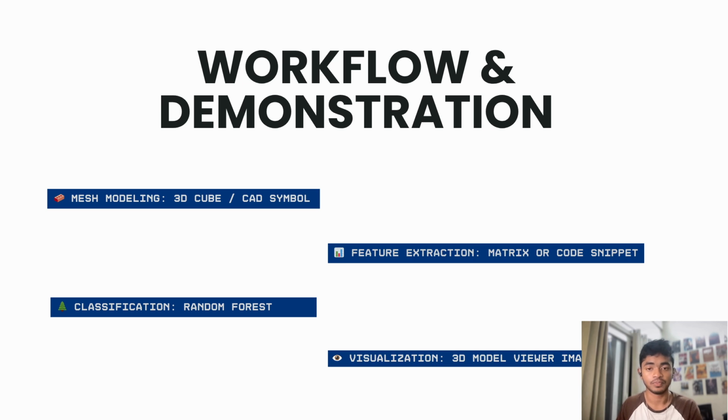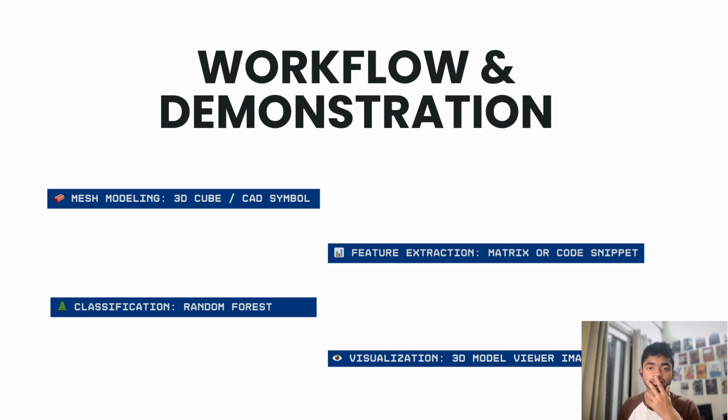Finally, in phase 3, a visualization module allowed interactive 3D exploration where users can view meshes category-wise and analyze their geometric differences visually. The methodology thus combines geometric processing, AI classification, and visualization, forming a complete analytical pipeline.